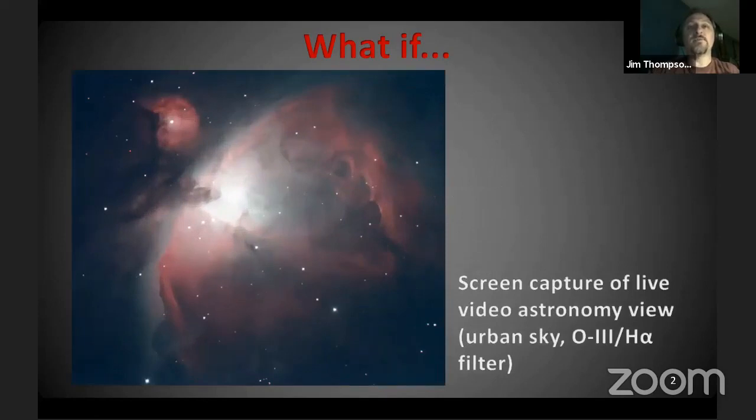This is a screen capture from a live viewing session from my backyard here in Ottawa, with some light pollution filters installed, with a camera. And this is what I am talking about when I say electronically assisted astronomy.